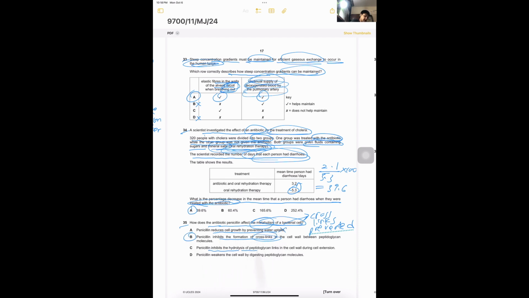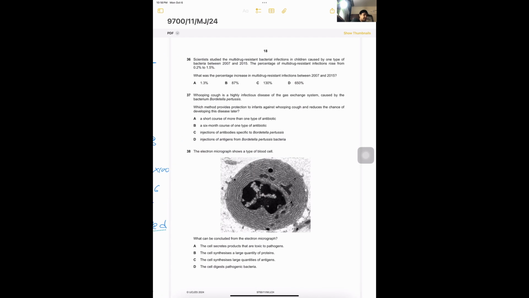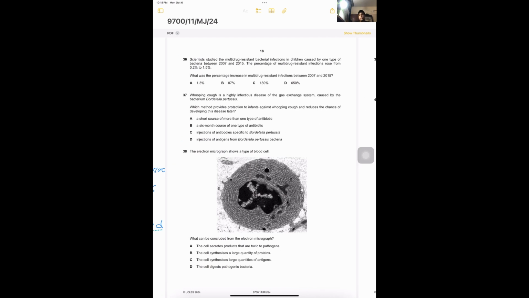Penicillin inhibits the hydrolysis of peptidoglycan. Not actually hydrolysis. It rather prevents the crosslinks from forming. So it does not inhibit hydrolysis; rather, it inhibits the formation. Penicillin weakens the cell wall. It does not weaken it; it just doesn't allow for the formation of the wall.